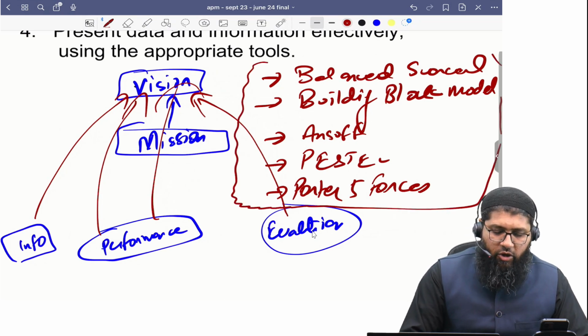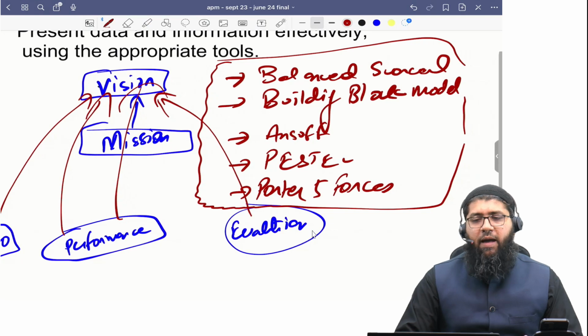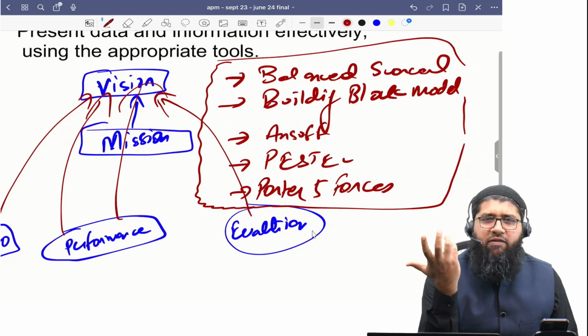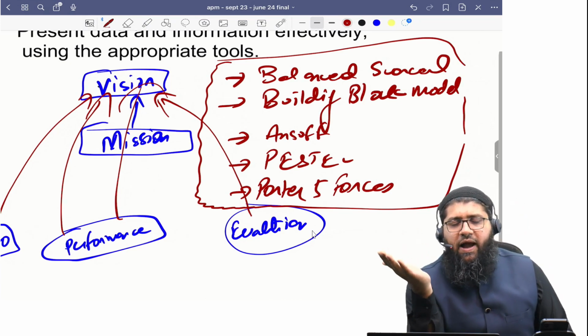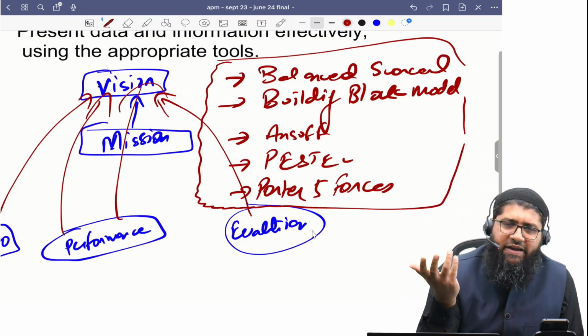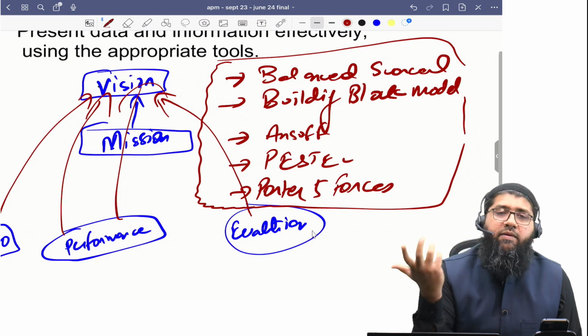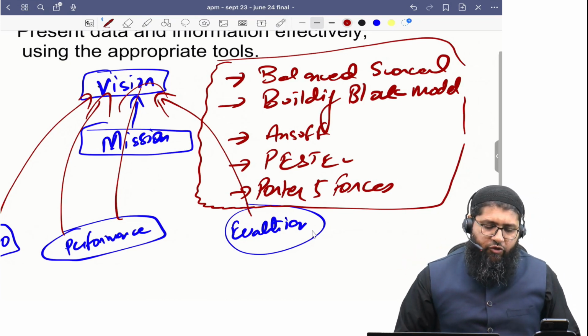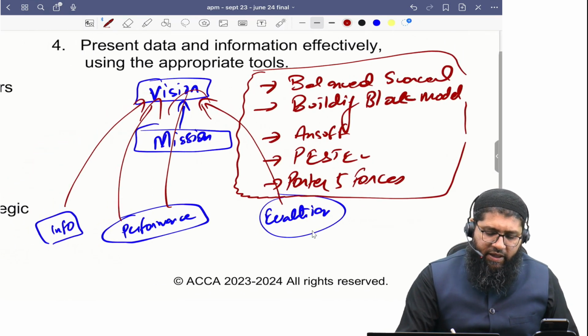When you listen to these names, you would be thinking that we have already studied these topics either at the SBL level or at the performance management level. So what's going to be new at the APM level? Let me be very clear.